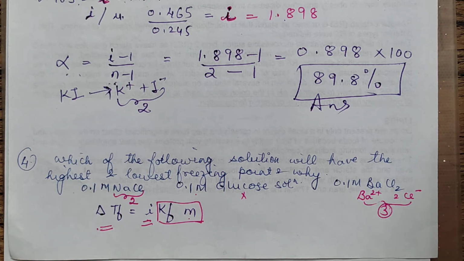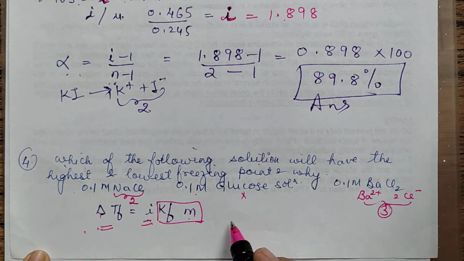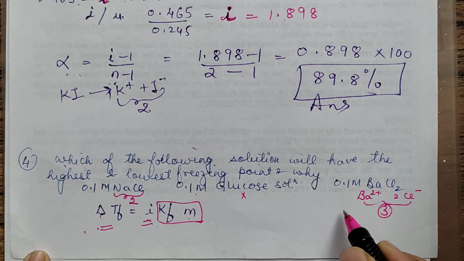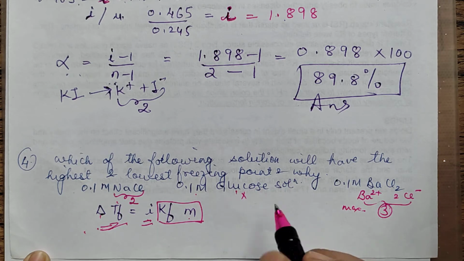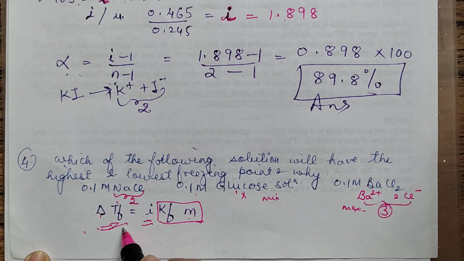It means depression in the freezing point is more for the one which has maximum i. If they are asking you delta Tf, it will be maximum for this one, then this, and then this. This would have been minimum if they are asking you delta Tf.